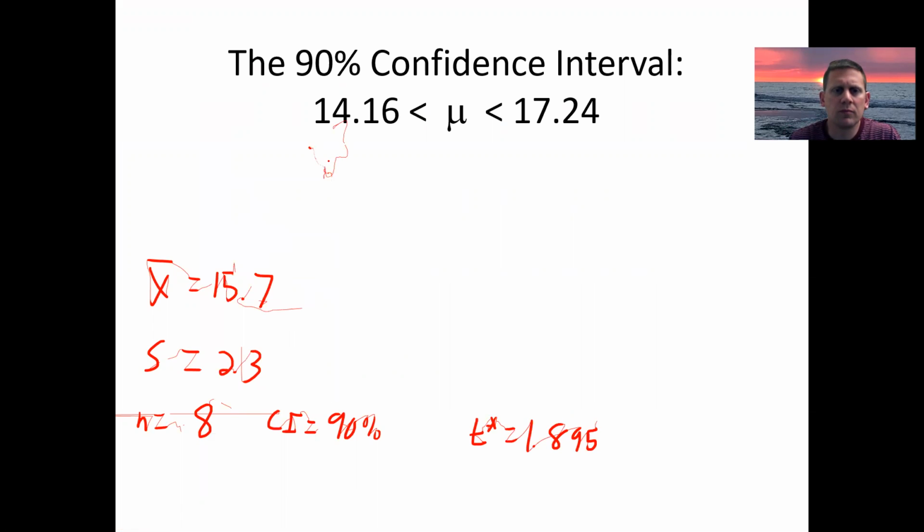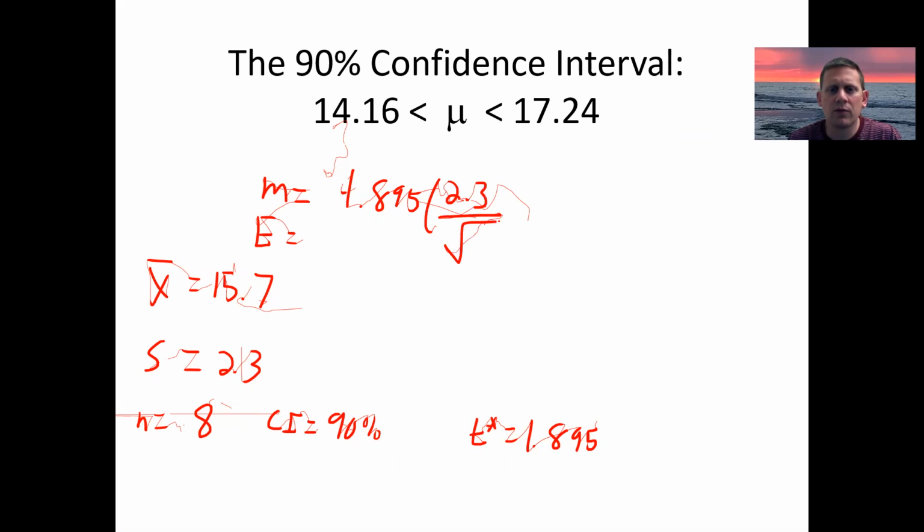So again, to find this answer, we're going to take 1.895, and this is our margin of error. It's either M or E, either one. 1.895 times 2.3 over the square root of 8.